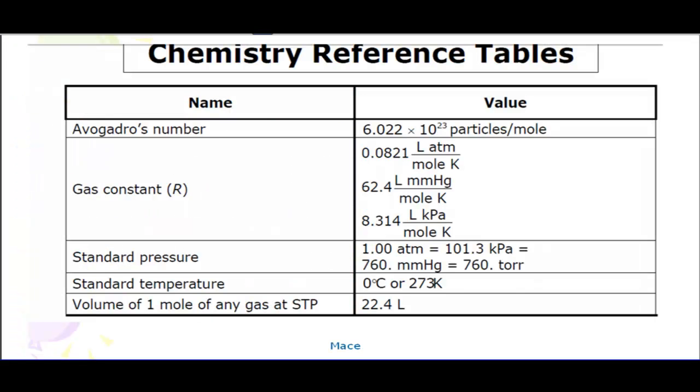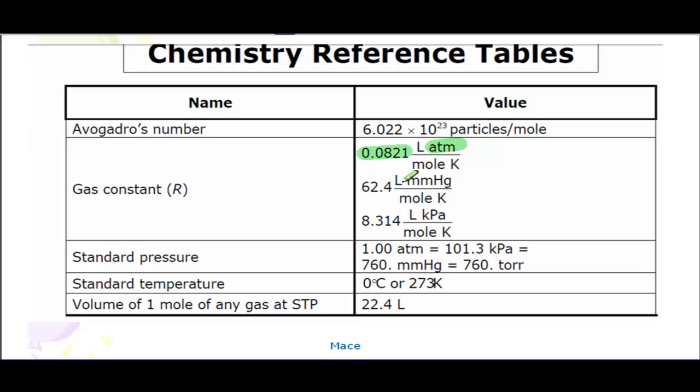So we're going to look at the first page of your reference packet and notice that we see right here this gas constant R. So there's R. Anytime you're going to use PV equals nRT, you're going to have to know this value. Now notice that when we have atm, you have 0.0821.